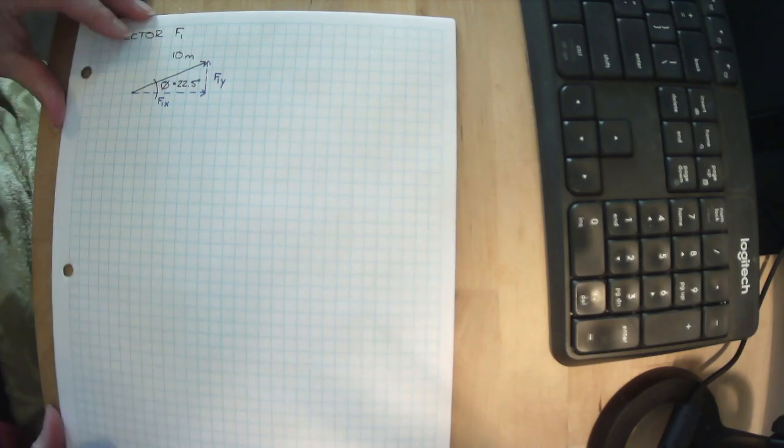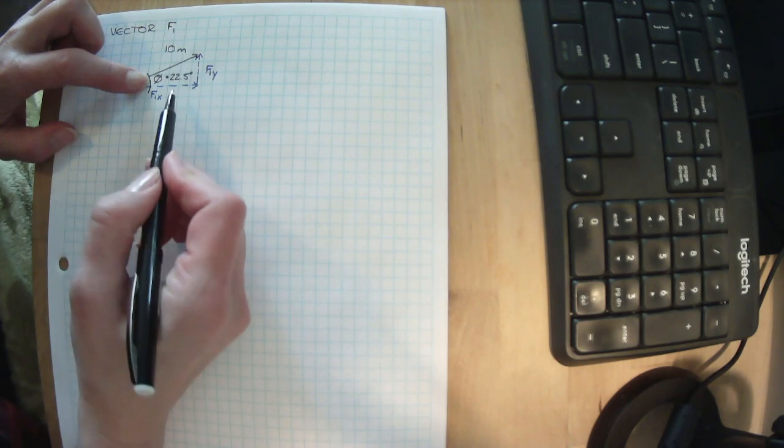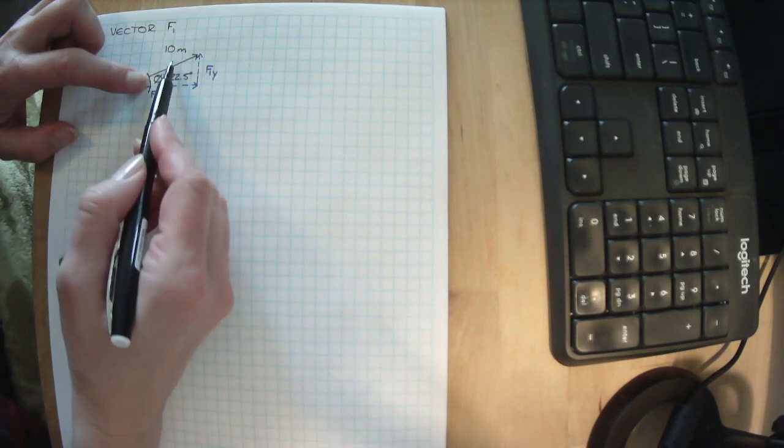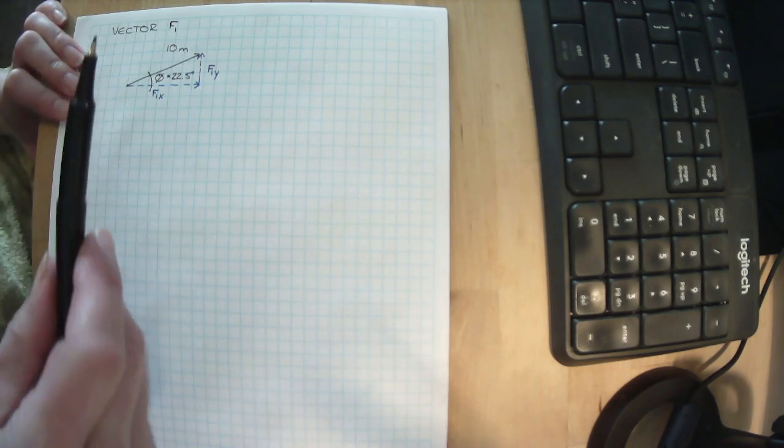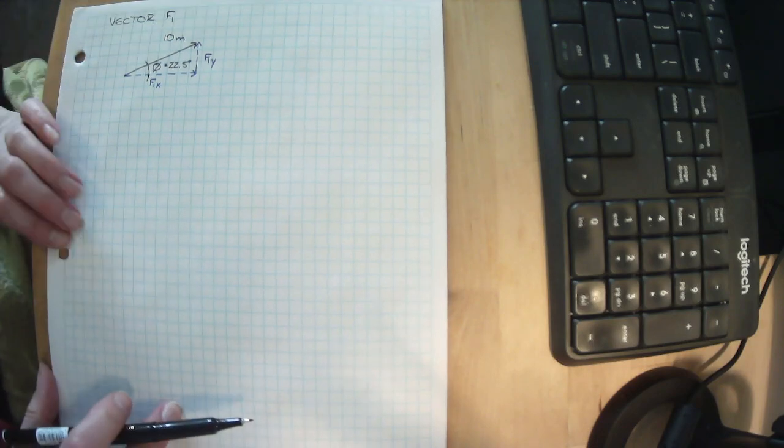Now, remember that I said that opposite, adjacent, hypotenuse. So we can figure out what F1x and F1y are, okay?